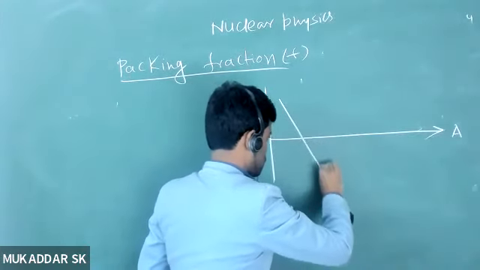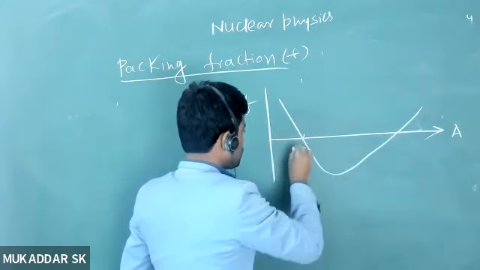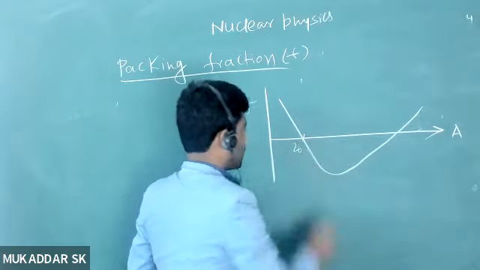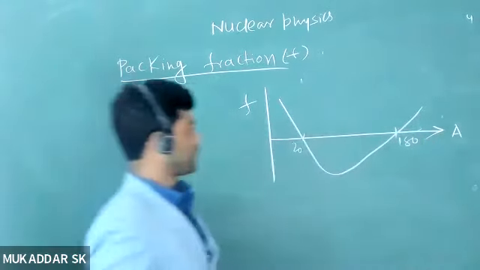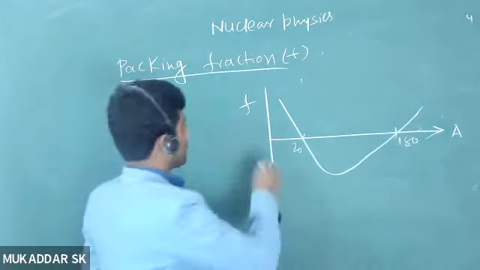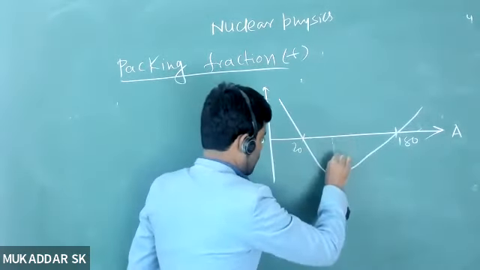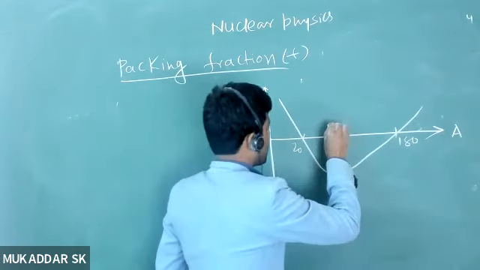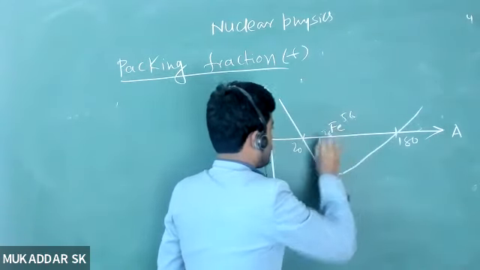For mass number below 20 and above 180, F is actually positive. This is your 0, right? And the minimum value corresponds to what? Mass number 56, atomic number 26.